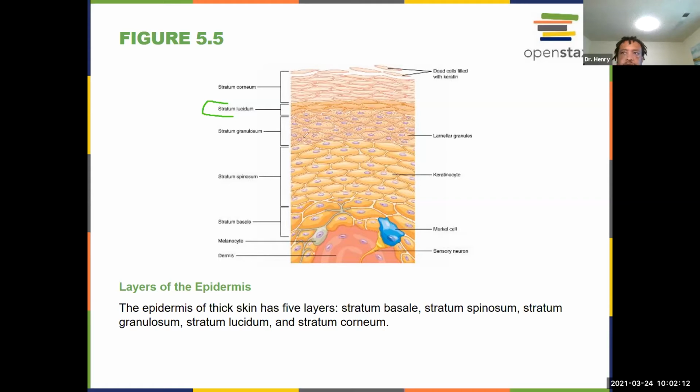So we have basically five layers. We have the stratum corneum. We have the stratum lucidum. So lucid as in translucent, right? Stratum granulosum, those are going to be the spotted ones. And then we have the stratum spinosum, so those are the ones that are going to be in growth, early development. Then we have the stratum basale.